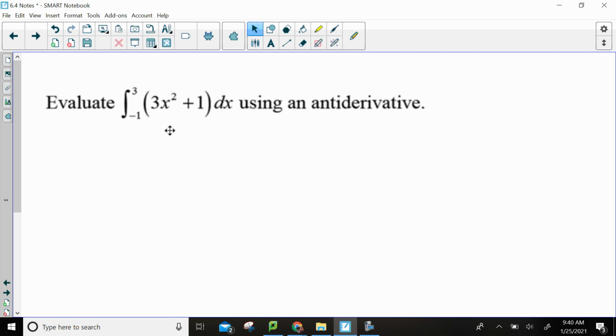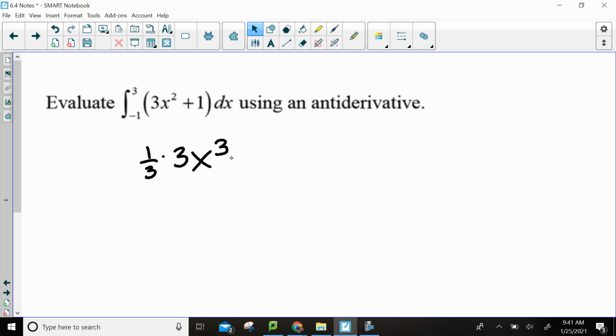So I am starting by looking at 3x squared. Usually when we're finding the derivative, we drop our exponent down and subtract 1. So I am going to start by adding 1 to my exponent. And then I had that 3 in the front here. But then I need to divide, I multiply by the reciprocal of whatever your exponent is.